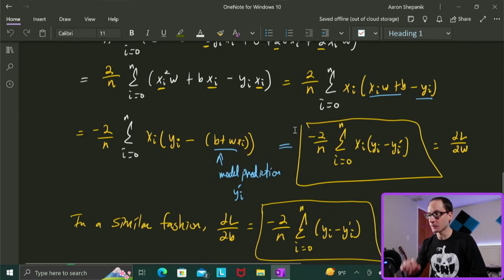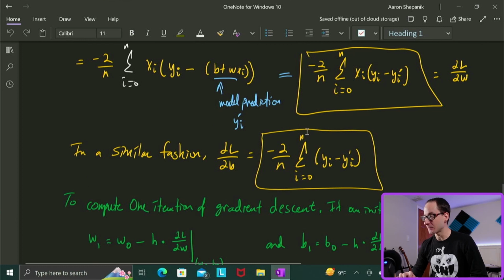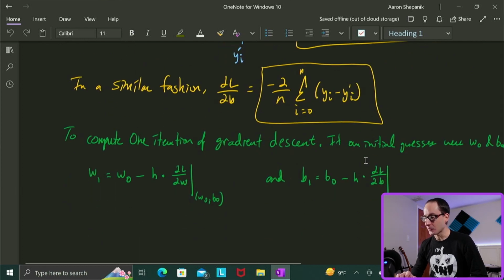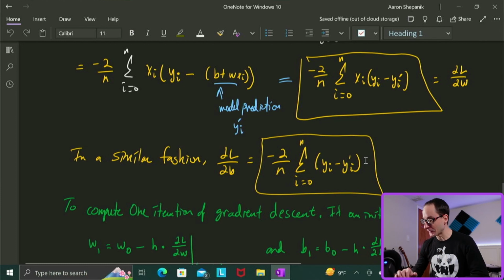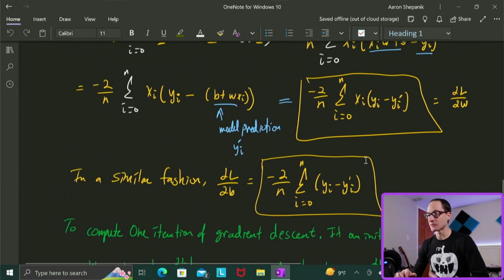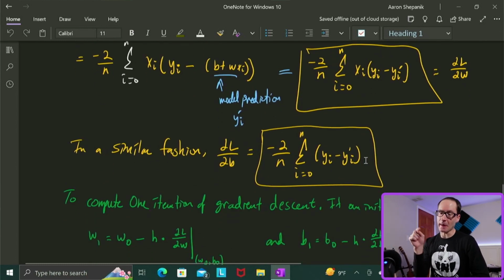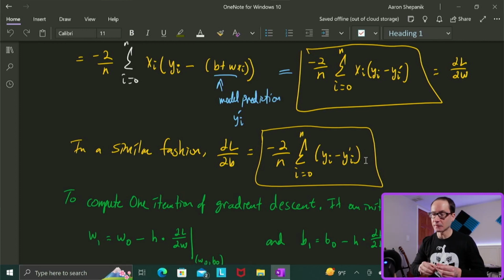We went through all the details of the calculation, found the partial of L with respect to w is this, and the partial of L with respect to b is that. And so using those partial derivatives, we could update our guesses for our parameters by stepping in the opposite of that direction, which will help us decrease that loss. Now, what we have here is something that works for simple linear regression.